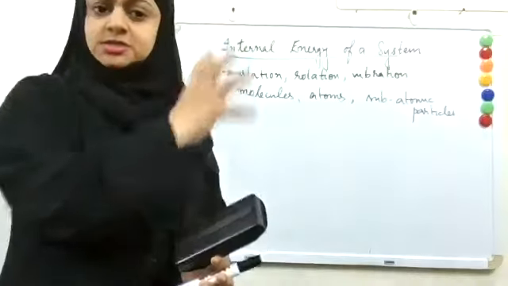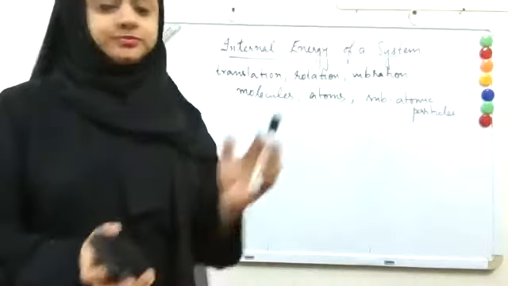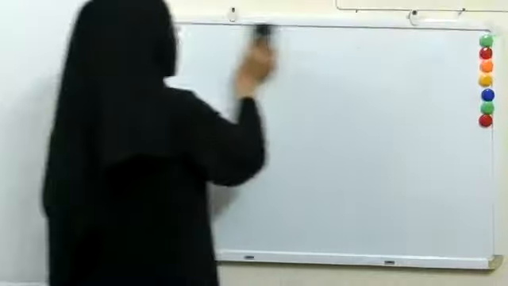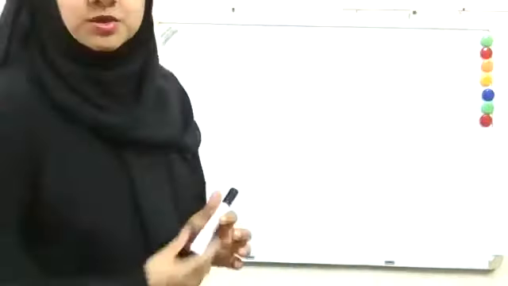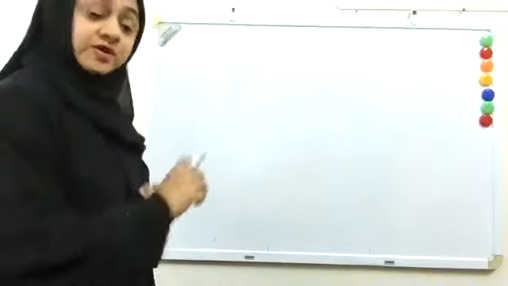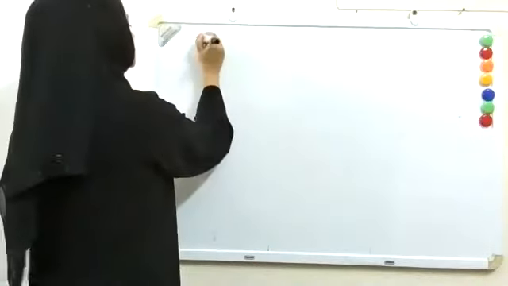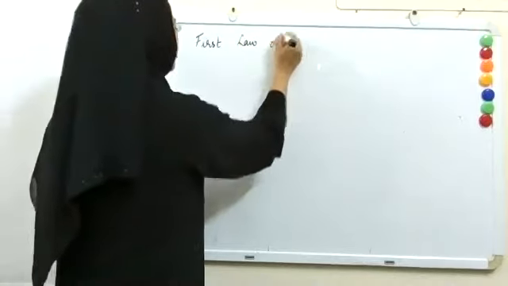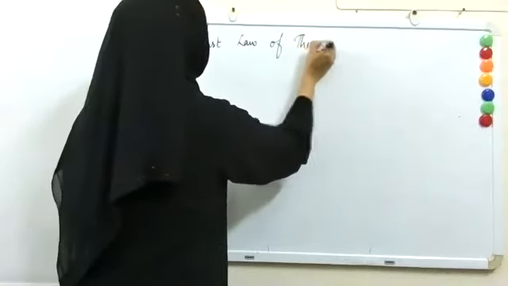Now, we have learned some terms related to thermodynamics, and let us go to the main content, which are the laws of thermodynamics. So we will discuss today the first law of thermodynamics. What is the first law of thermodynamics?